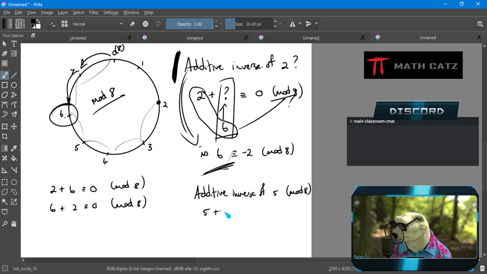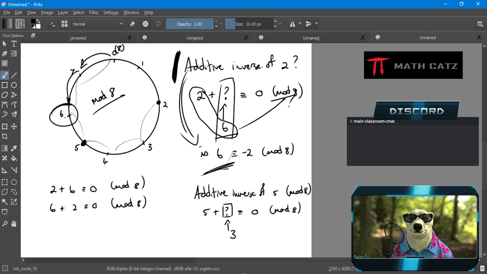I'm looking for a number on the circle, after I'm at 5, to get me back to 0, which is the same as intuitively saying, how many steps do I need to keep going to get to 0? 1, 2, 3 steps. 3 steps.